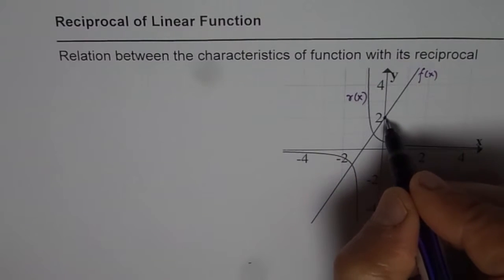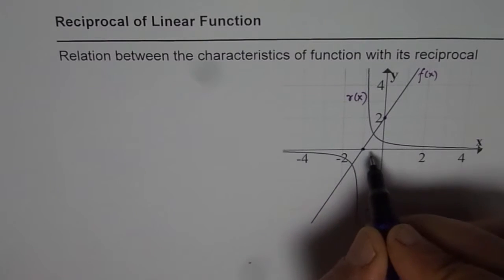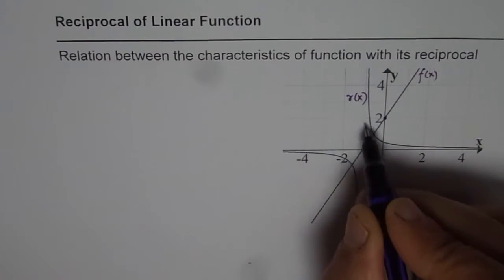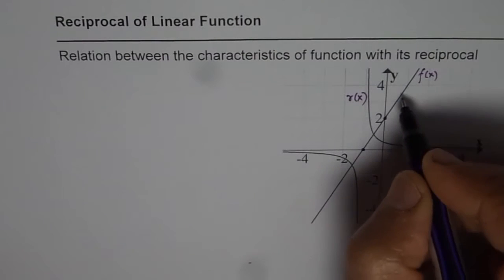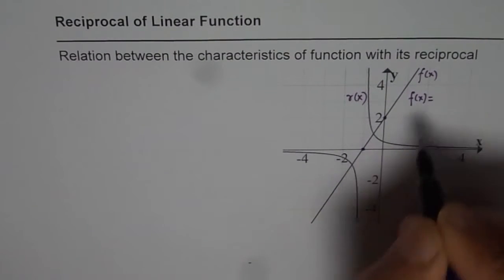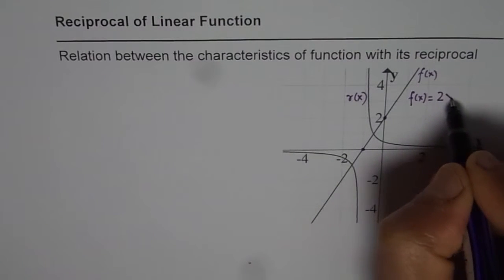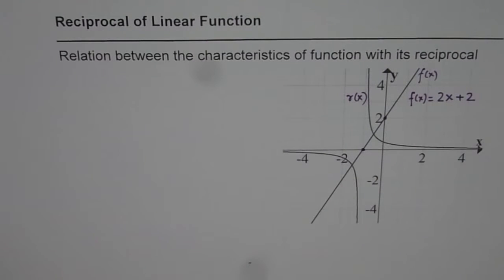On the line we have y-intercept of 2, and the slope is, if we consider these 2 points, rise is 2 and run is 1, and therefore we can write the equation of our function as f of x equals 2x plus 2, slope is 2 and y-intercept is 2. That is the equation of the function.